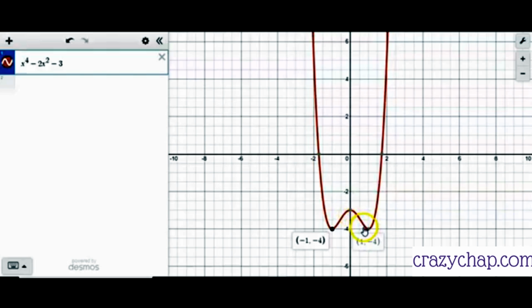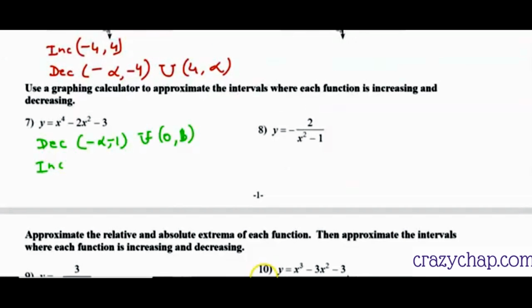So what is the remaining interval? The remaining interval is union 1 to infinity.